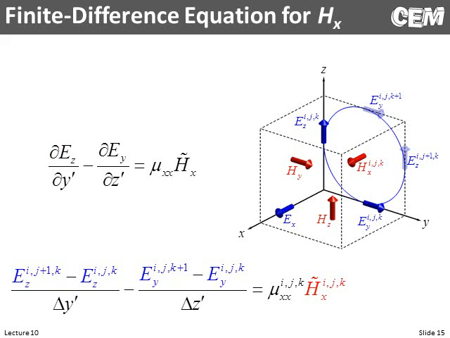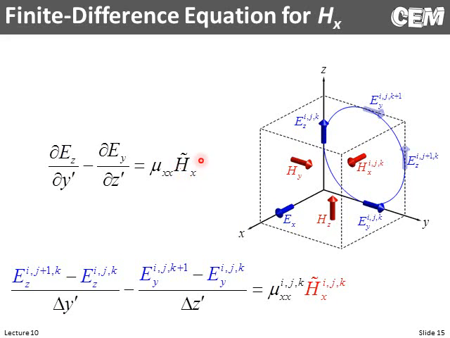So here we go. We will grab the first of Maxwell's equations, and we have 2 spatial derivatives and then a magnetic field. We're going to call this the equation for h sub x. And then remember the rule that every term in a finite difference expression has to exist at the same point.